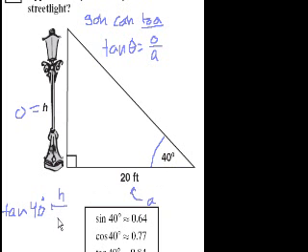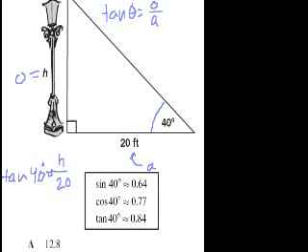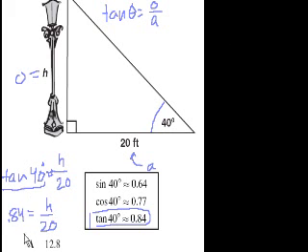The adjacent is 20 feet. Tan of 40 degrees isn't something that most people have memorized, and that's okay because they gave it to us. Tangent of 40 degrees is 0.84. So we get 0.84 is equal to h over 20. So we can multiply both sides by 20, and we get h.